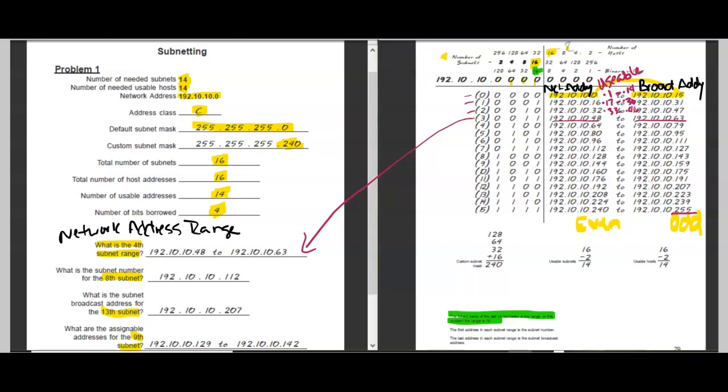What is the 8th subnet? Again, you guys, subnet number, we're talking network here. What's the network address? So we go down to the 8th, which is actually the 7th, right? 1, 2, 3, 4, 5, 6, 7.